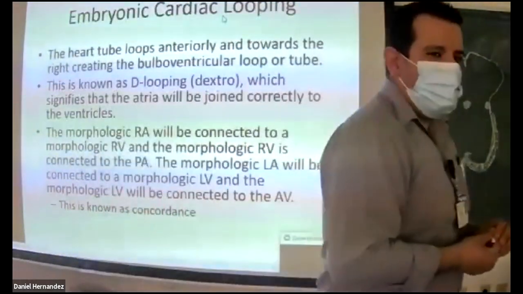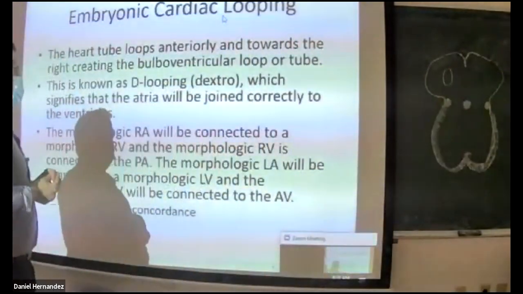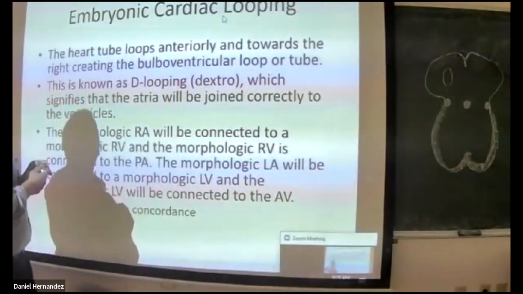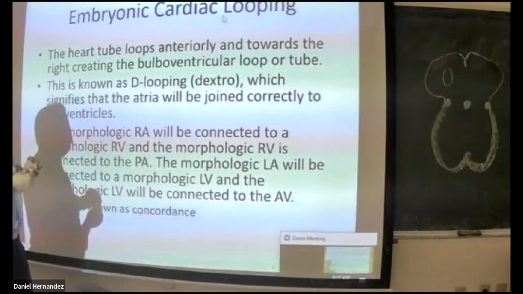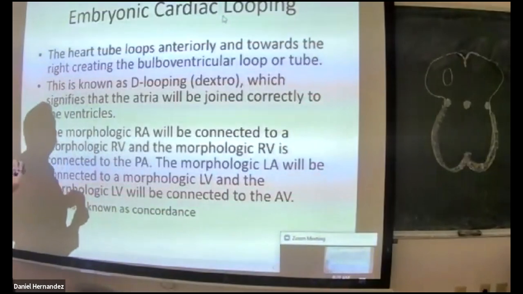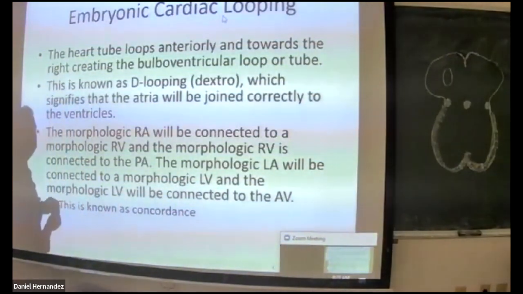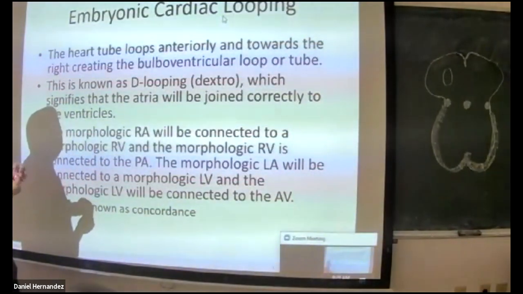The S loop is broken down into two criteria, I want to call them. Normal looping is known as D-looping or dextro looping. With D-looping, the heart tube moves anteriorly and towards the right, creating the bulboventricular loop or tube.